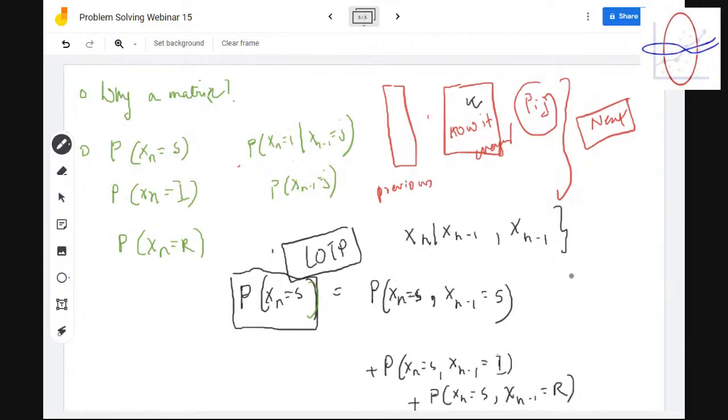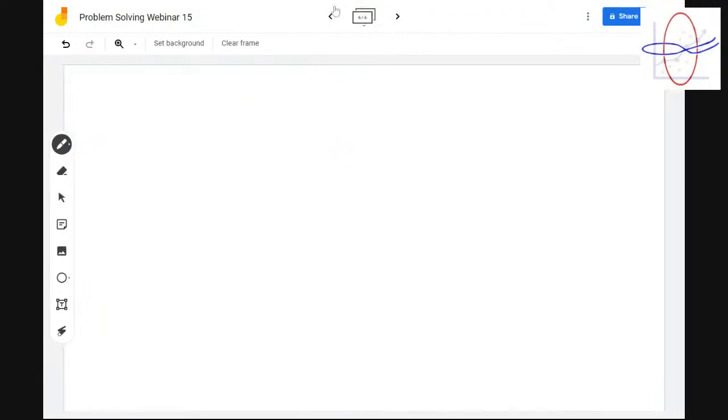Can we write like this? Yes. So after writing like this, what can we do? Good, Sriteja. Right. So what we will do is this.